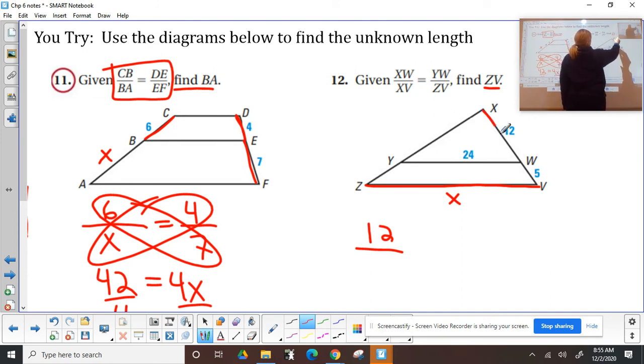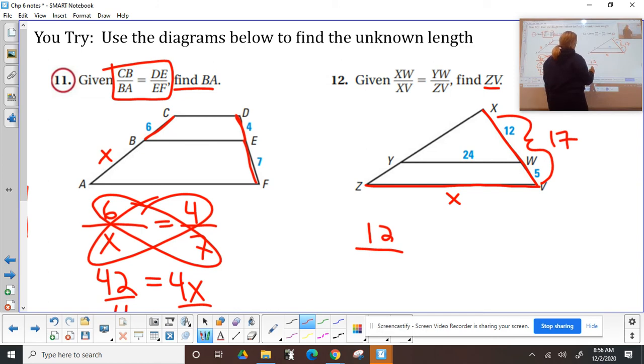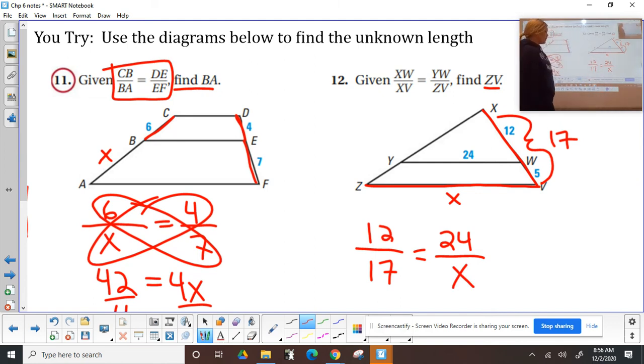They don't give me XV. They just want me to assume to add 12 and 5 together to get 17. So it's 12 over 17 is equal to YW. YW is 24 over the whole segment on the bottom, which is ZV, which is x.